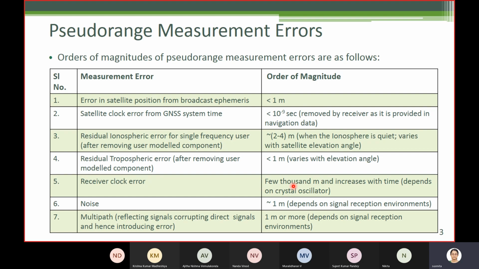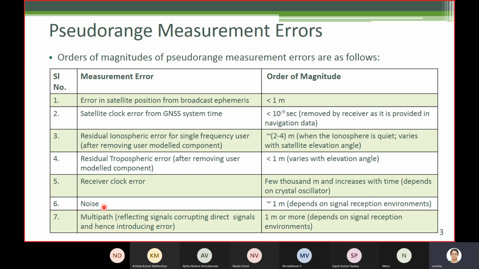Otherwise, it would have been impossible to derive user position with such an inexpensive clock. Okay, but the error also depends on what kind of crystal oscillator you are using, whether it is a TCXO or OCXO or chip scale atomic clock. That also affects the order of the error.